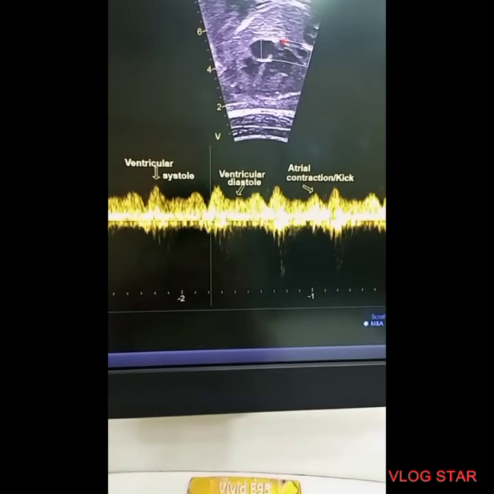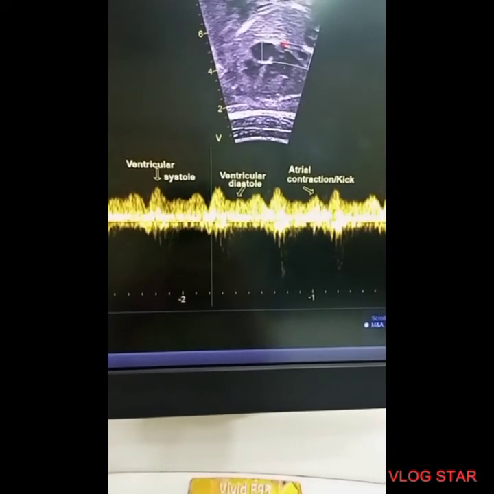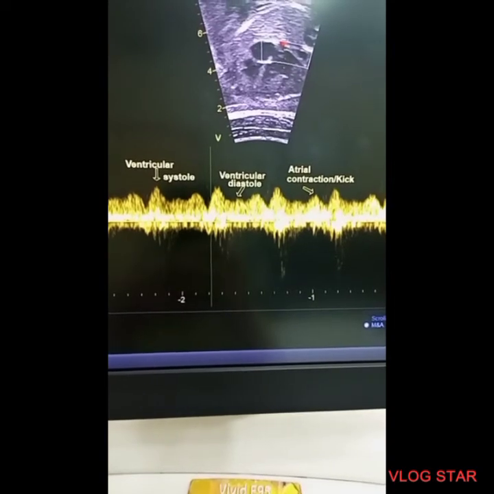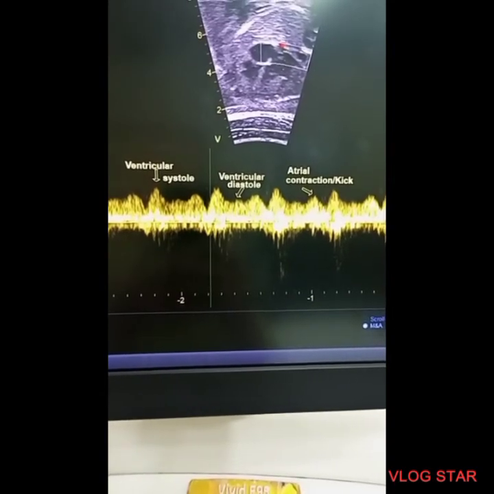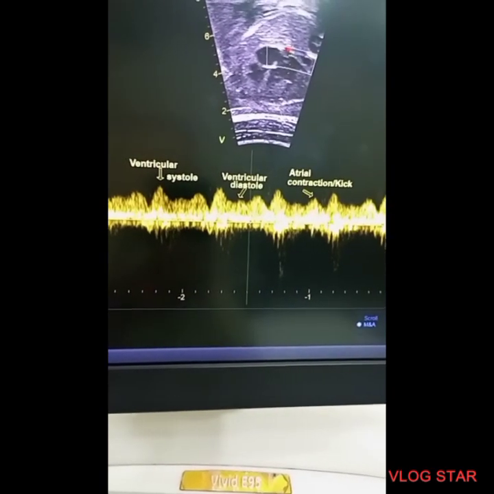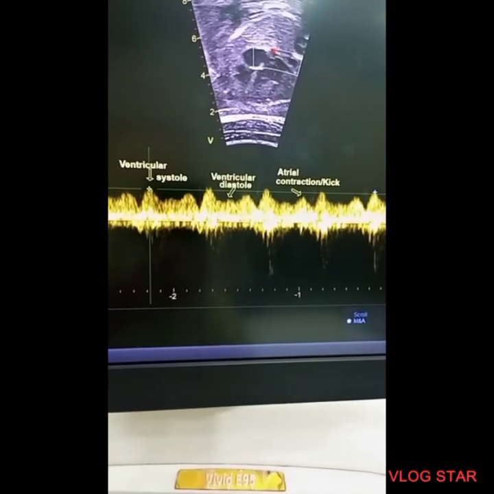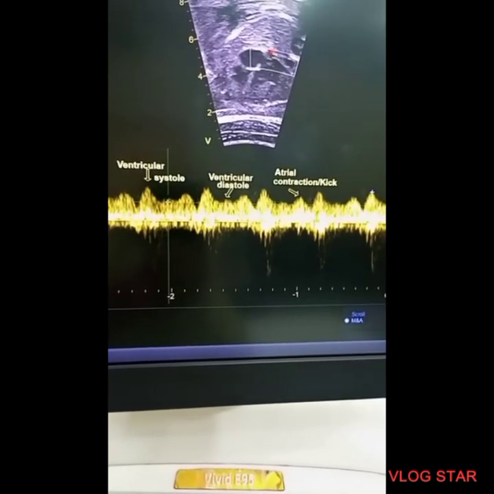Here we place the PW in the pulmonary vein to assess the flow in the veins coming to the LA. The trace we get is shown in the figure. This represents the ventricular systole and this represents the ventricular diastole.